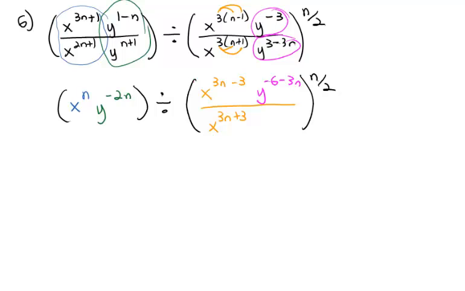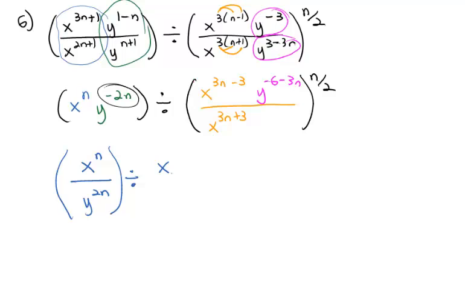So the right side's going to require a little bit more work. The left side's essentially done when we move the negative exponent. So we've got x to the n over y to the 2n divided by whatever we end up with on the right side. Let's look first at the x's. 3n minus 3n is 0.